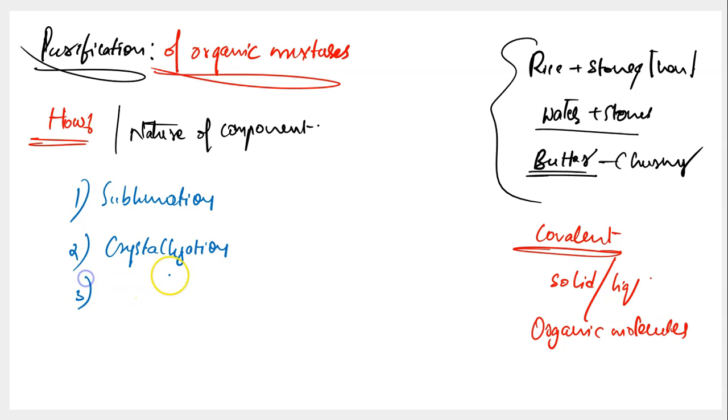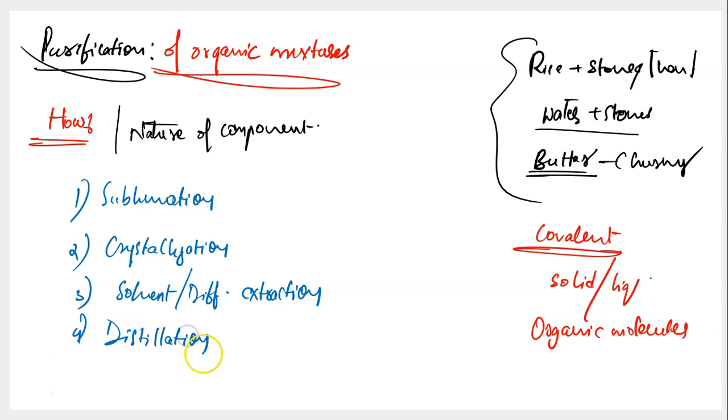The third one is solvent extraction, or you can also call it differential extraction. The fourth one is distillation. And the fifth one is chromatography. So these are the separation techniques that we get to see very frequently in organic molecules.